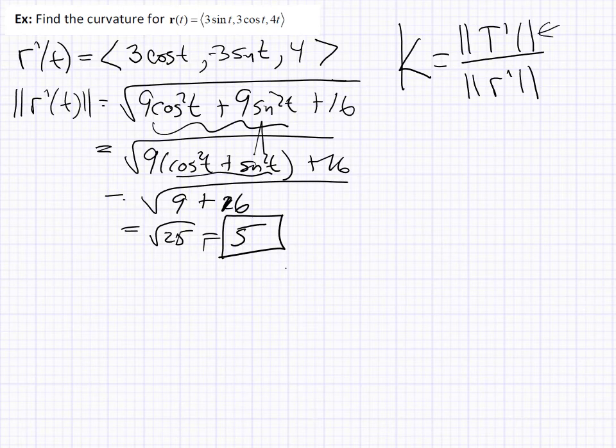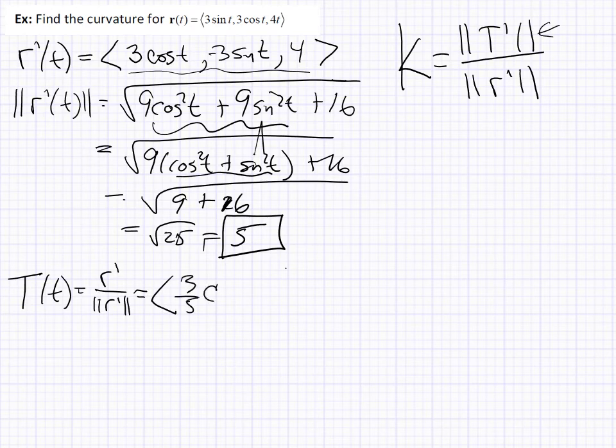Well, in order to find the magnitude of T prime, we have to figure out what T is first. So T of t, remember, is r prime over the magnitude of r prime. Well, we have that here, so this would be this vector here divided by 5, so we could just say 3/5 cosine t, minus 3/5 sine t, and 4.